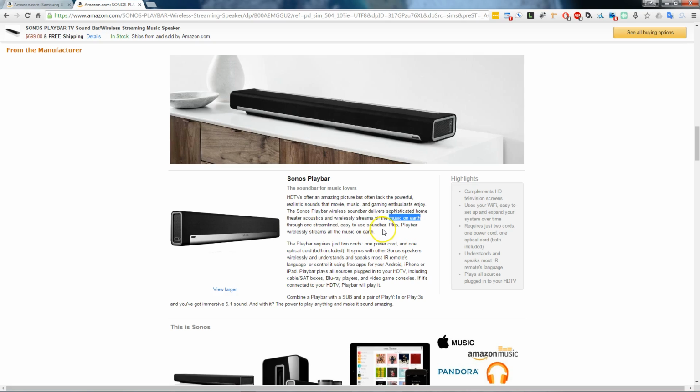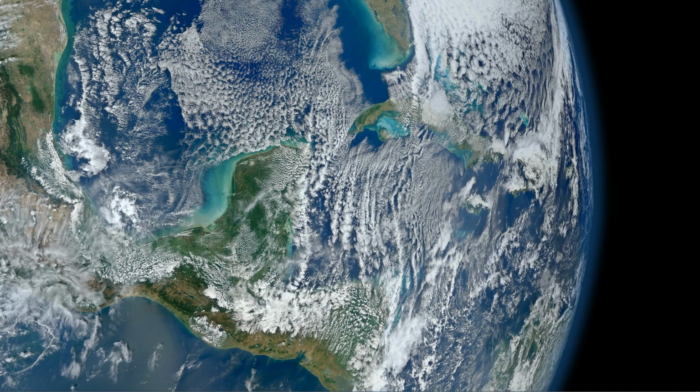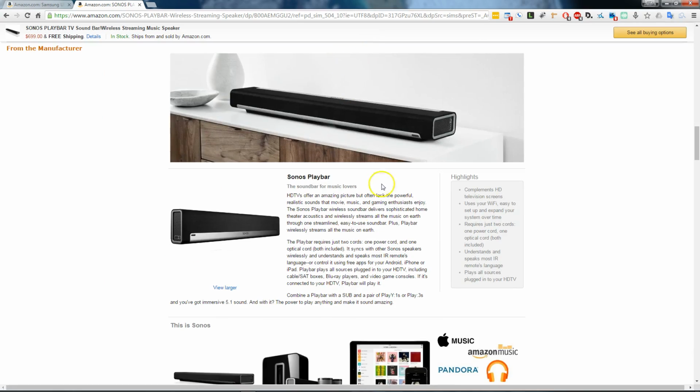Now, if you're like me, I form an image in my mind when I read this of the Earth, as in this Earth. And I imagine all of these wireless little bits of information going all around. I have access to this. Very powerful imagery.